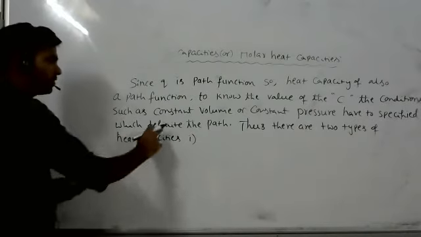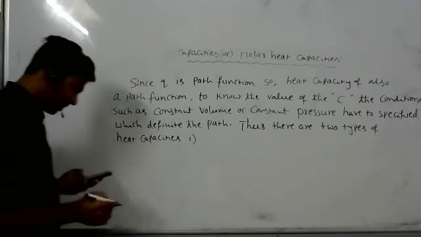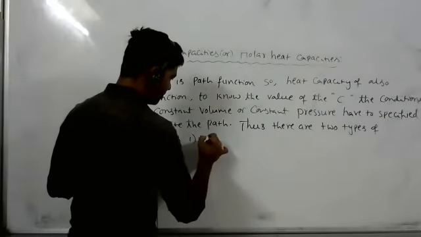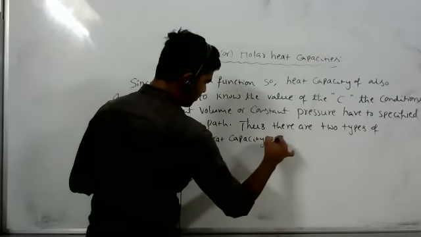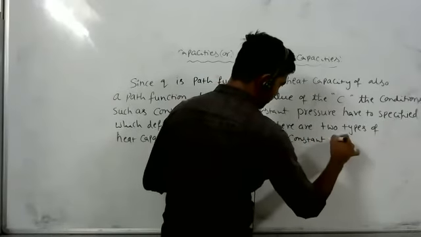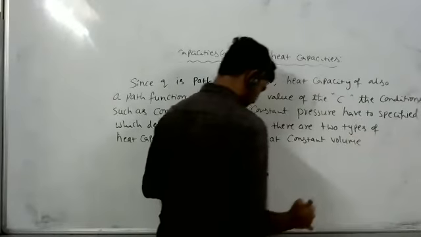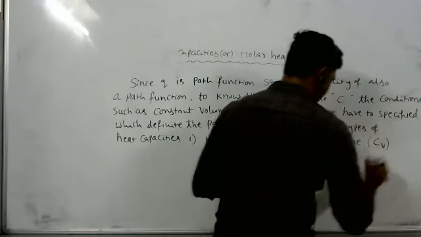Then further, which defines the path. So first one, heat capacity at constant volume, denoted by Cv.